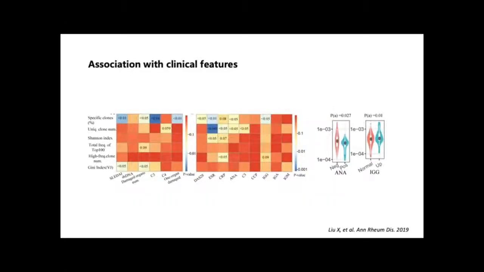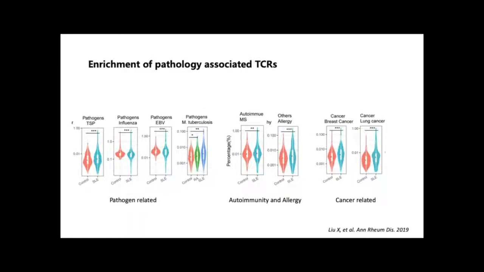Then we look at the association of the properties, both the disease-specific clones and overall diversities, with the clinical incidences. We found a lot of correlation with the overall diversity and overall incidences, but the most significant result is that most of the disease-associated clones have been associated with the clinical phenotypes. Lastly, we use the TBA-DB to find the annotated sequences in our database.